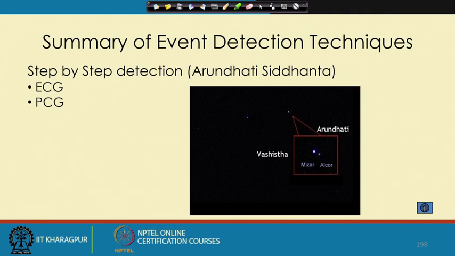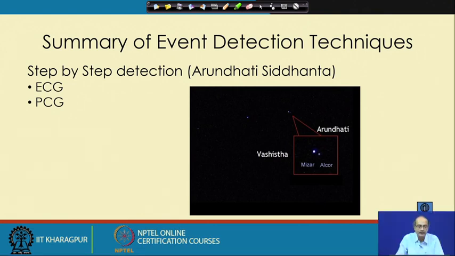One of the very important things we have learned is step by step detection, which is actually called Arundhati Siddhanta in Indian philosophy. Okay. Let us first start with an anecdote, and then get back to our examples.